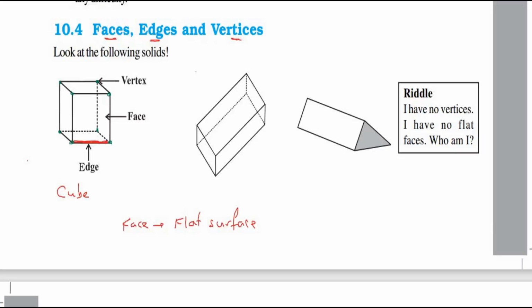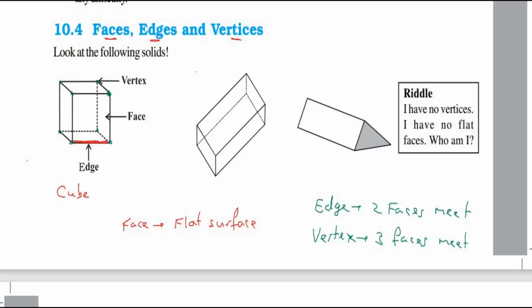An edge will be where two faces meet, and a vertex will be where three faces meet. That's very important to understand. Look at this vertex.